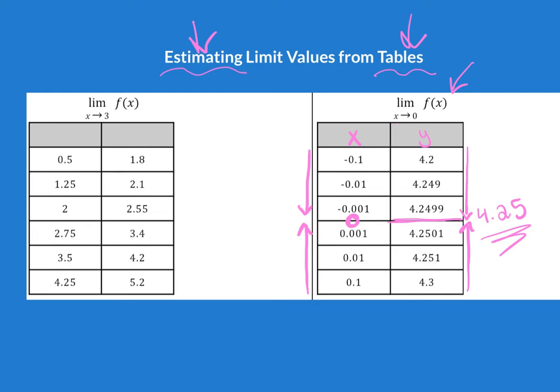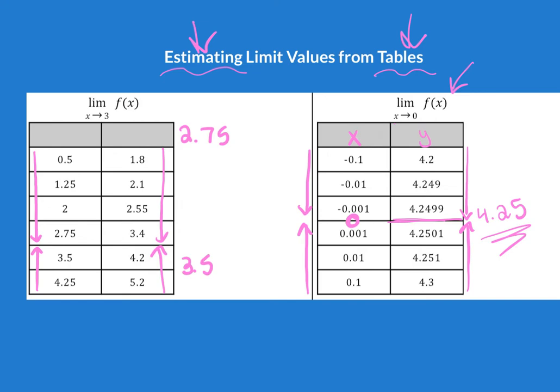Limit as x approaches 3. So I'm going here from the left, approaching 3 from the right. That's not as good of an estimate, but I can still make something work. So let's think about this. So 2.75 to 3.5. I'm going to write this out, 2.75 and 3.5.